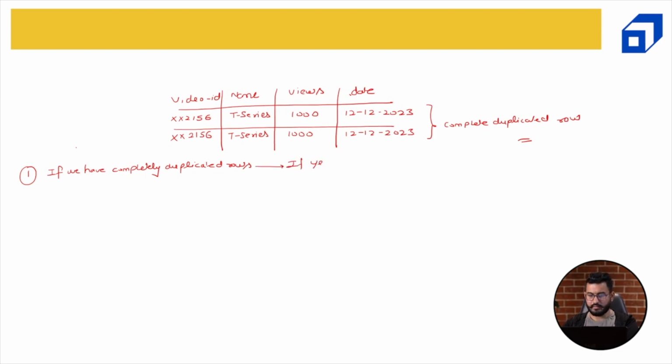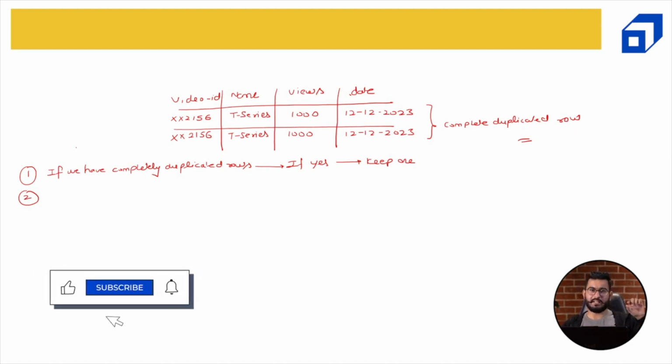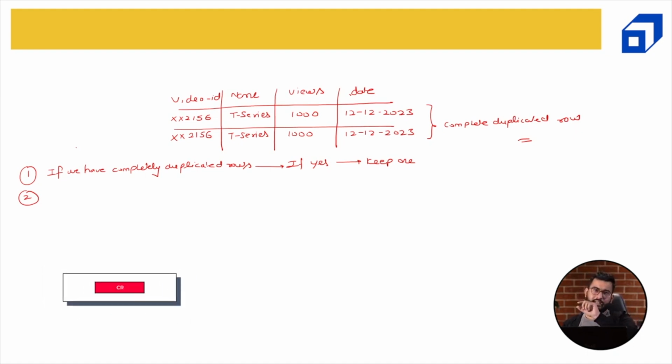If yes, keep one. Second is the particular problem that we have discussed. Out of all the rows for which the video ID has been duplicated, I'll keep the last row. And why last? Because the last row has the cumulative details; the number of views, counts, comments, everything is cumulative in the last row. So these are the two things that we are going to do.